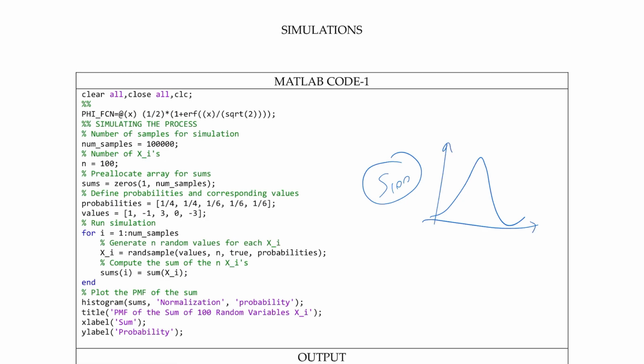Because of that you need samples, like we chose 100,000 of them, and since we have 100 games, we allocate memory for the number of samples. We know the probabilities and values, and randsample is a quite suitable MATLAB function for that, and I will not even explain it. After that you just plot the histogram. That's it.